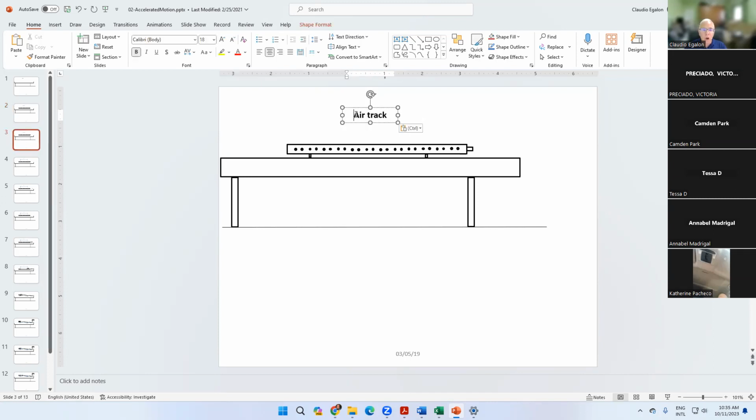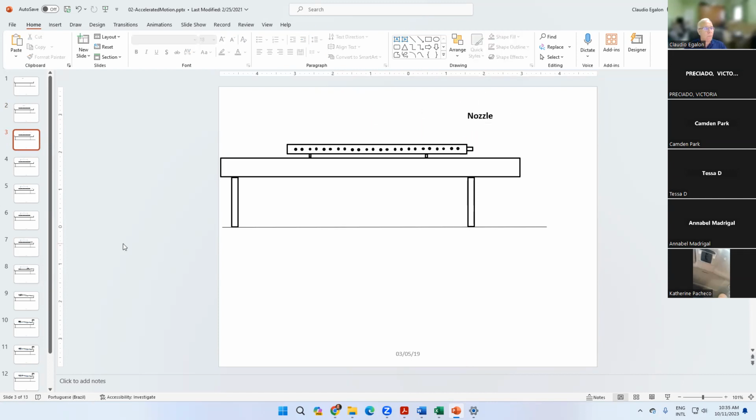And here is going to be the nozzle. I don't need to introduce the nozzle again because I already introduced it. The distance between the two legs is B, approximately 1 meter. And then holes.